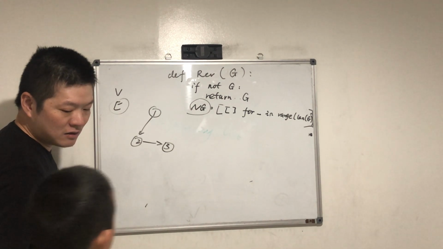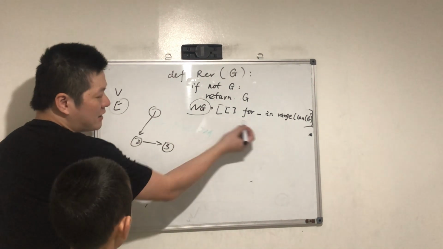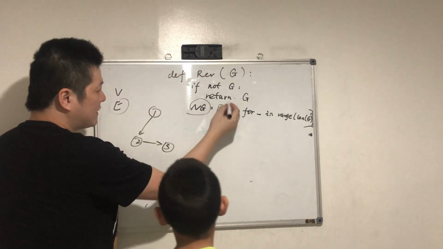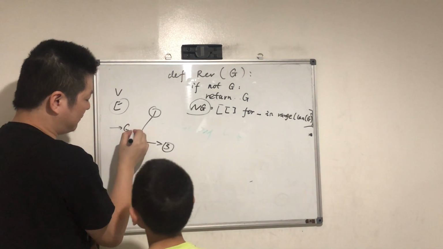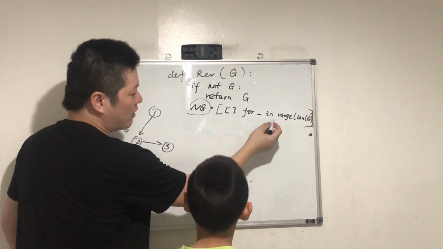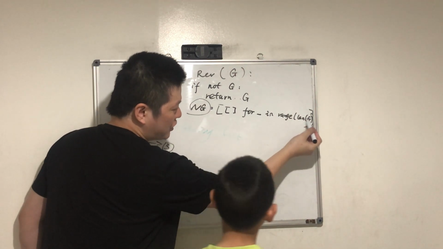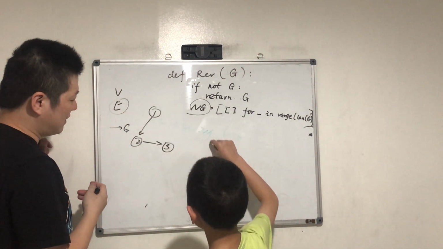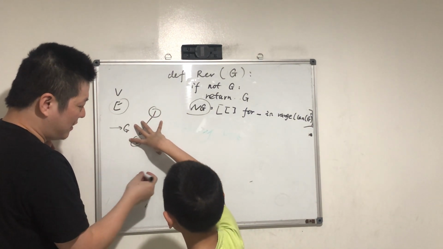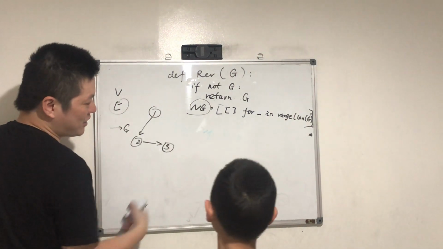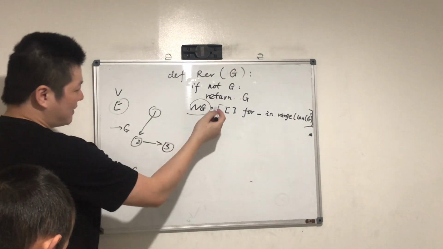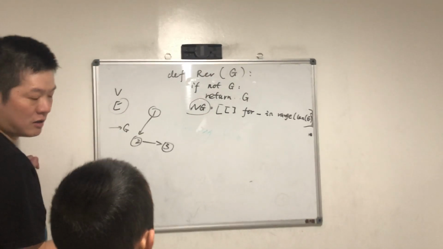This is G, with its edges. And NG here is an empty list for length G times. So what's the length of NG? NG has the length of G.